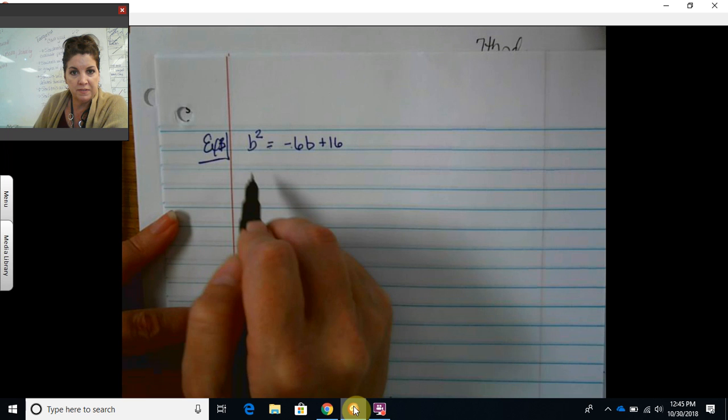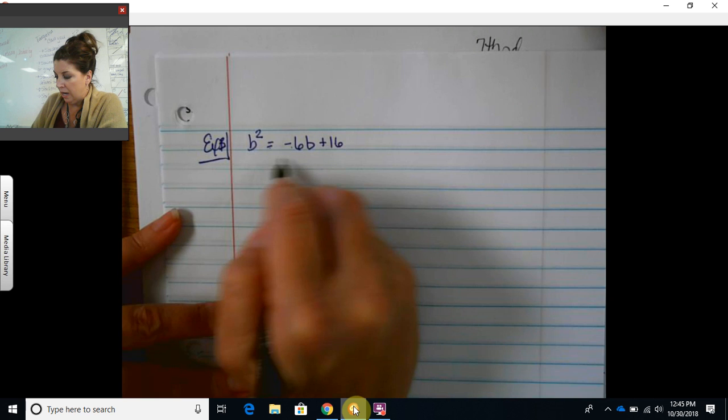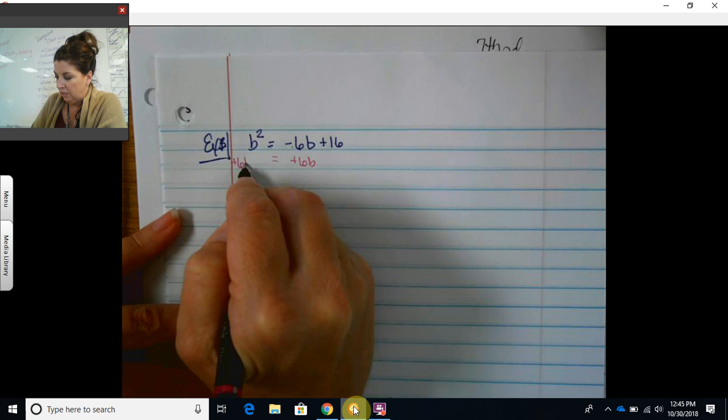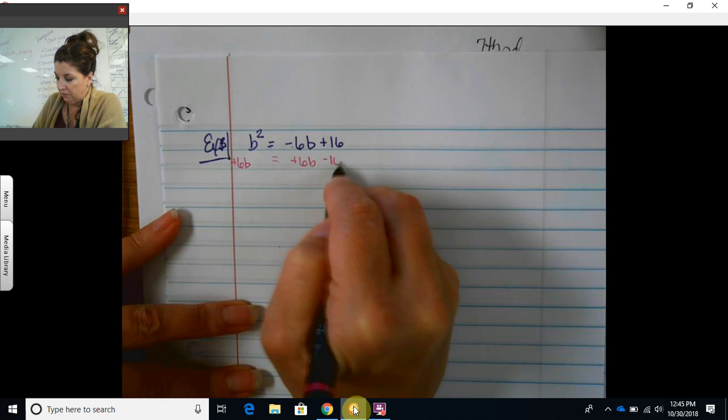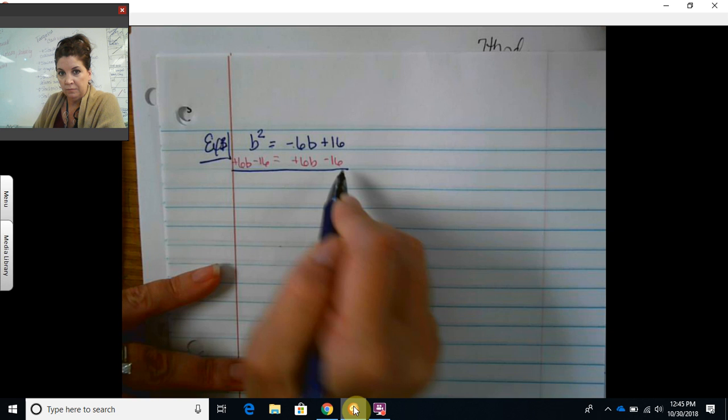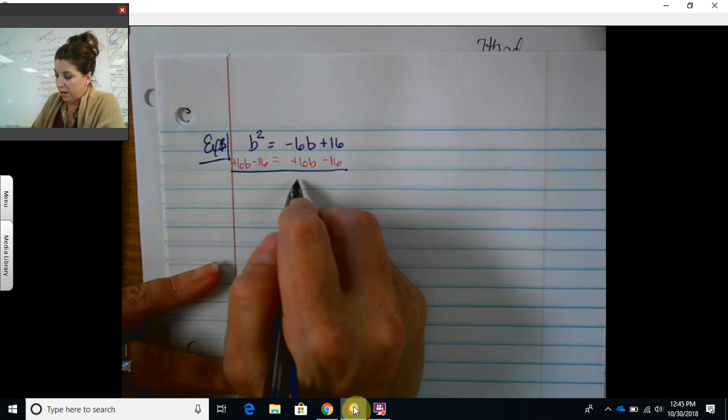So I'm going to take both of these terms and bring them over to the left side. And I'm just going to do that in one step. So I will add 6b to both sides. And I will subtract 16 from both sides. So on the right side, everything cancels and just leaves me with 0.